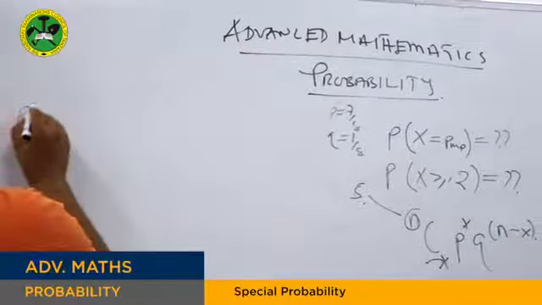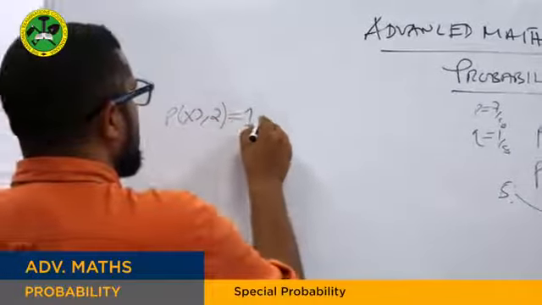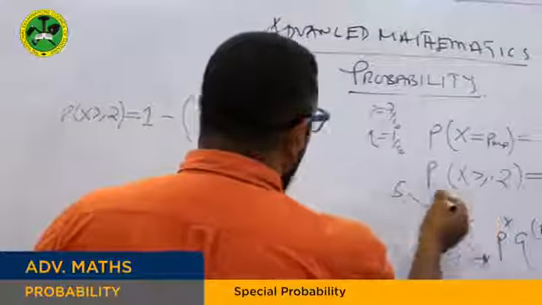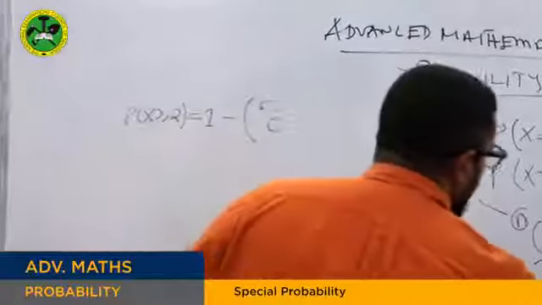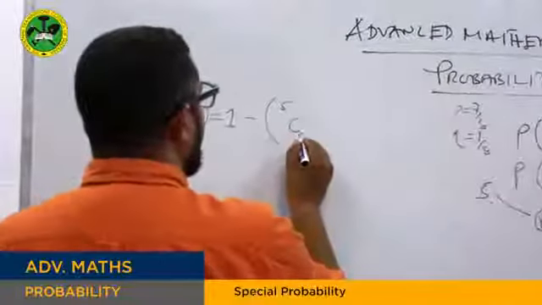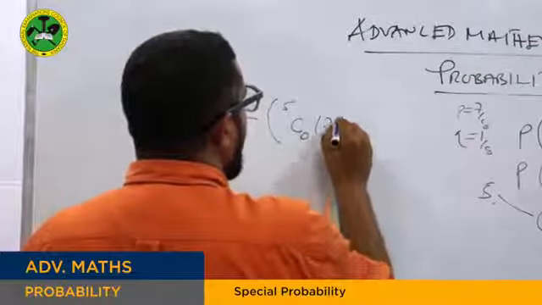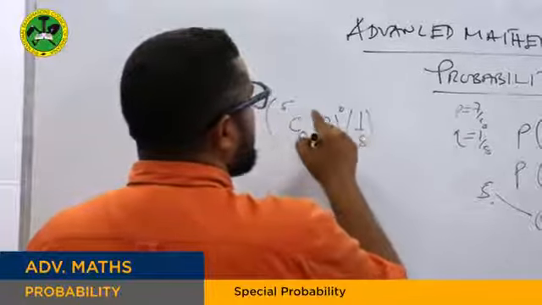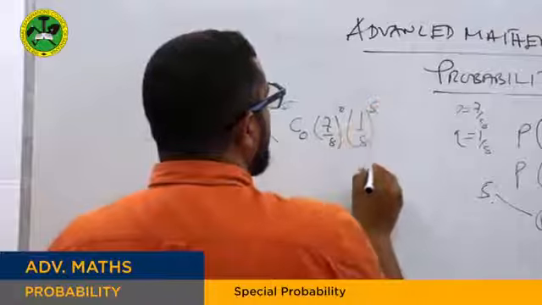Now, the probability of x greater than or equal to 2 will be equal to 1 minus... Let's go direct because we know the formula. Our n is 5, so it's 5 combination 0, starting with x equal to 0. Our p is 7 over 8 to the power of 0, then 1 over 8 to the power of n minus x, 5 minus 0, which is 5.